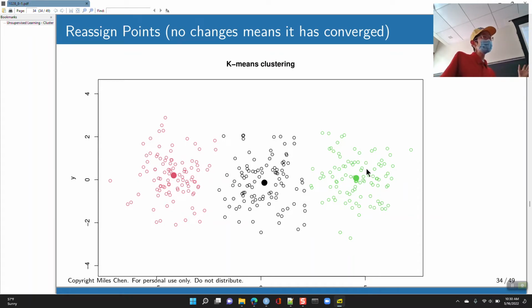When you run a clustering algorithm, the labels are completely arbitrary. It's very well possible that this ended up being the red cluster, this ended up being the green cluster, and this ended up being the black cluster, right? Because all it's saying is these points go together in this group, these points go together in this group, and these points go together in this group.